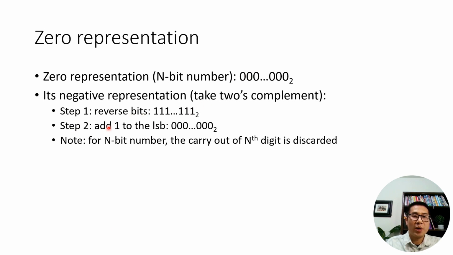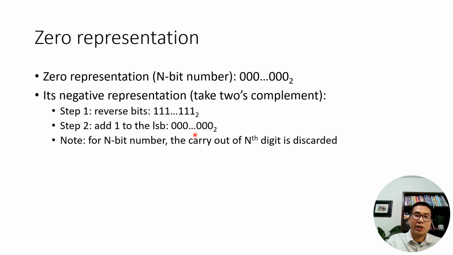Then step 2 is we add 1 to this. If we add 1, it also produces all zeros. And we note that we discard the n-bit carry.